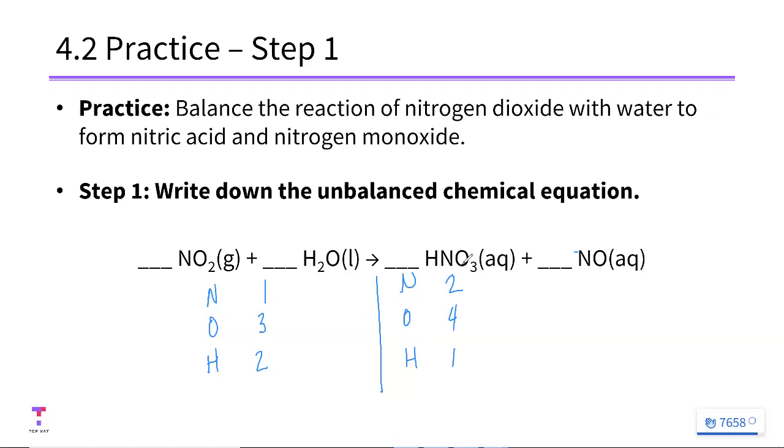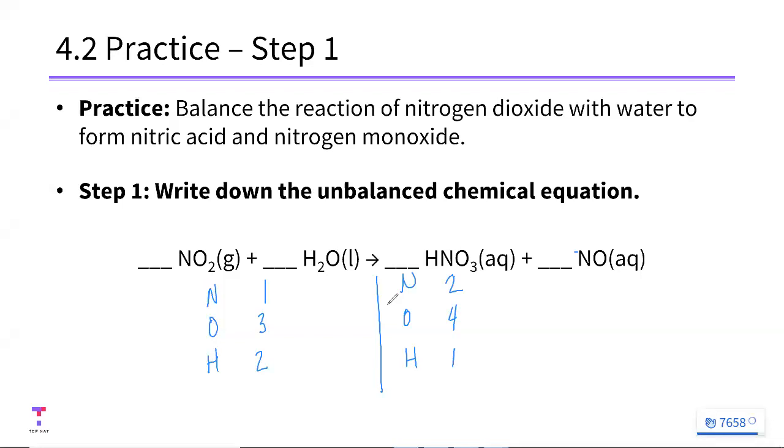Now, if we go backwards to the slide where I introduced some tips and tricks, one of the things that will come up is that when we're balancing equations like this, we usually want to start from simple to complex. And what I mean by that is oxygen is probably going to be the last thing that we look at.